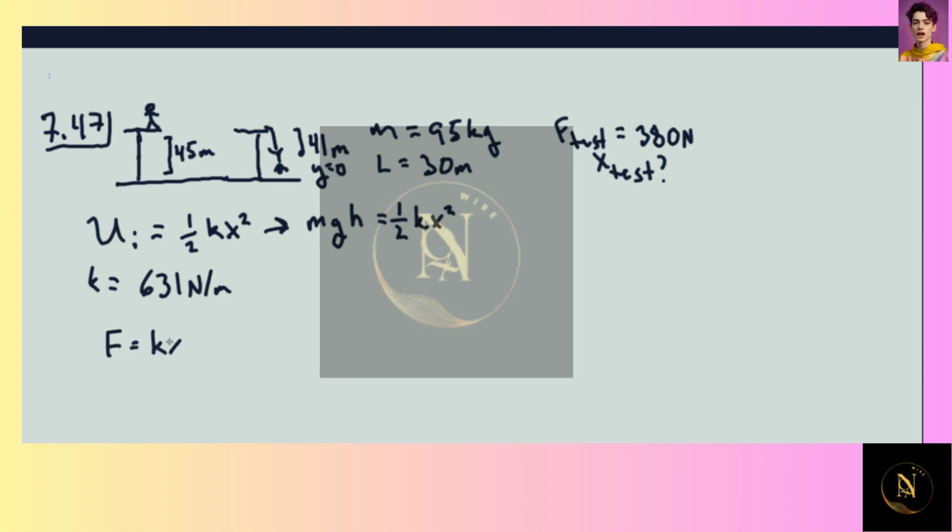You've done a bunch of tests like this, where the test force is a constant, and you measure this, and you need to be able to go from the amount that it stretches in the test to how far it will stretch in the actual jump.